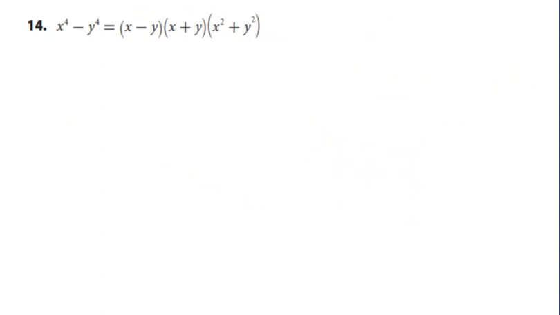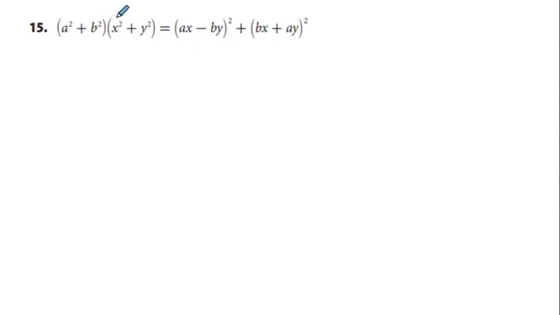Next, we'll go to odd number problem 15. We have quantity a squared plus b squared times quantity x squared plus y squared is equal to this on the right.